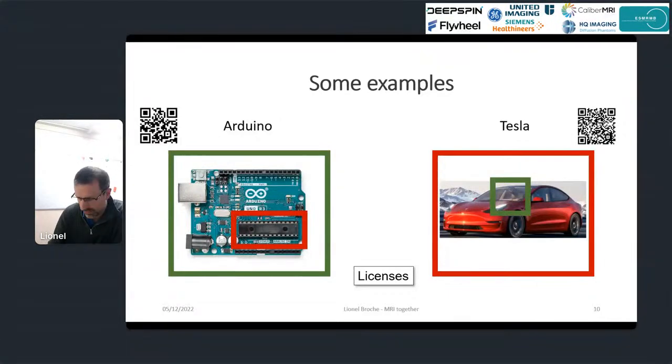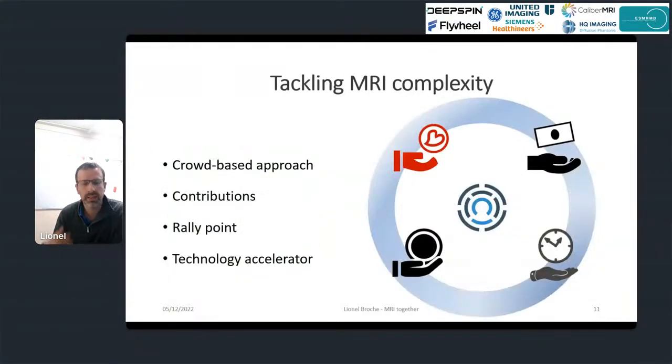Now, how can this help? Basically, open source is a great way to help contributions from the community. So it helps crowd-based approaches, which help with dissemination. With open source, you can contribute in many ways.